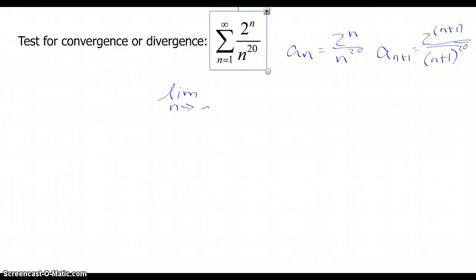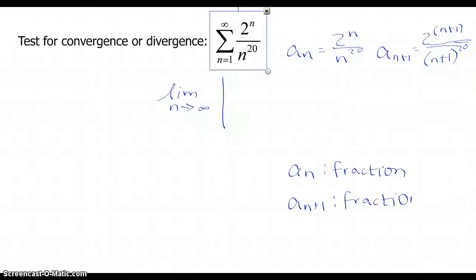We have the limit as n approaches infinity. Now I'll tell you something else that we usually do. Every single time a sub n is a fraction, and every single time a sub n plus 1 is a fraction, so every single time I'm going to have a fraction over a fraction, a sub n plus 1 over a sub n. And so I'm always going to take that bottom fraction, which will always be a sub n, and flip it and multiply straight across.